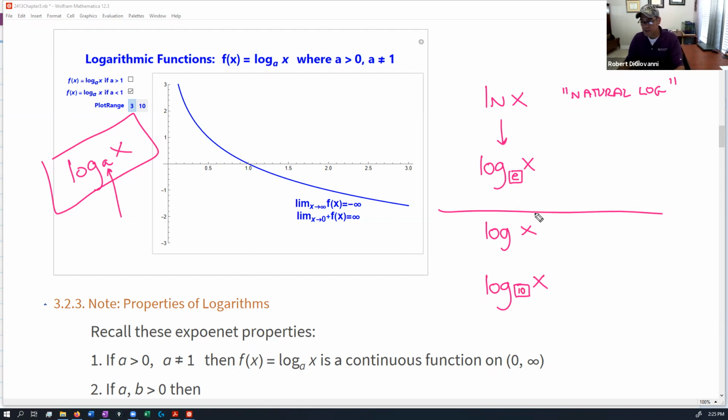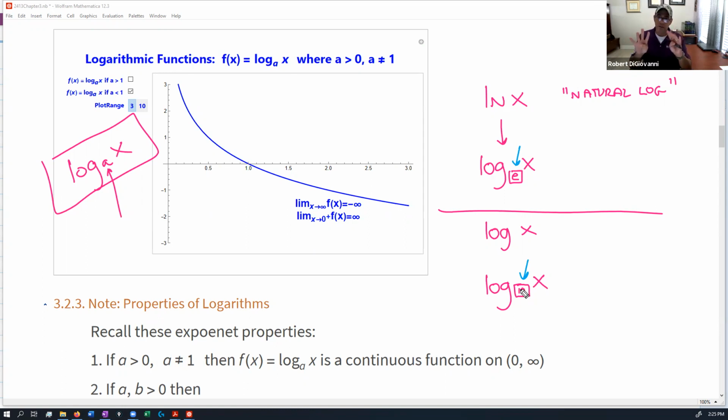Now these bases, E and 10, the reason why they're important, I'm about to explain why E is so important. Hopefully it's going to blow your mind. The reason why base 10 is important is because our number system is base 10. We have 10 fingers, that's the way we count.